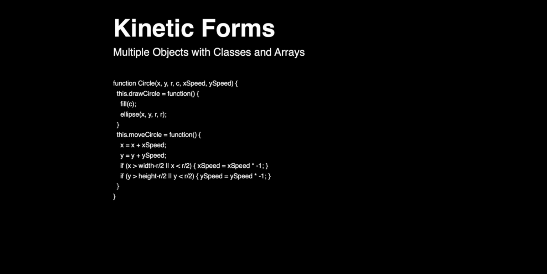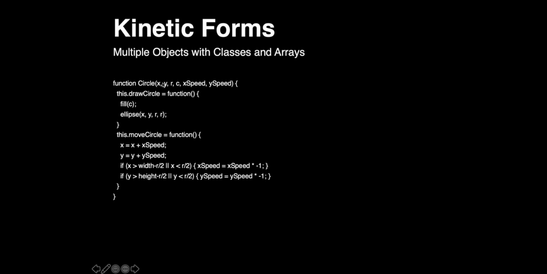So in this case, we're going to create our own circle class. And to do that, in P5, we're going to create it as a function. If you're creating a custom class instead of a custom function, the industry standard is to use an initial cap for the name of that class. So that's why this is a capital C here for Circle.